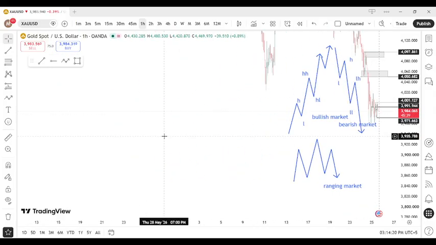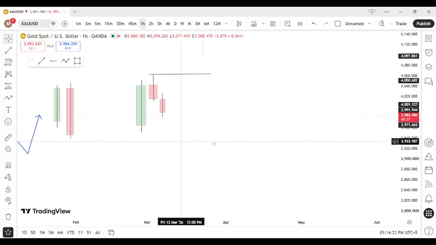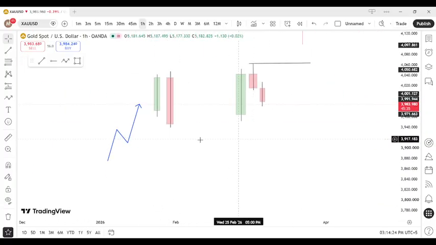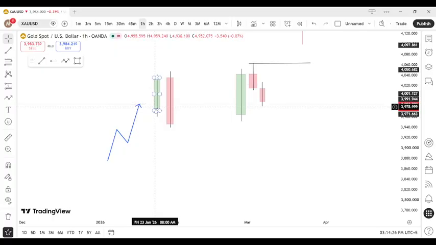First of all, you should know what a candle is. Every candle has four levels. This is what we call the opening, this level is called the closing, this is the low, and this is the high. For the green candle, this is the opening from where the green candle opens, and this is the level where the green candle closes, so this is called the closing level.